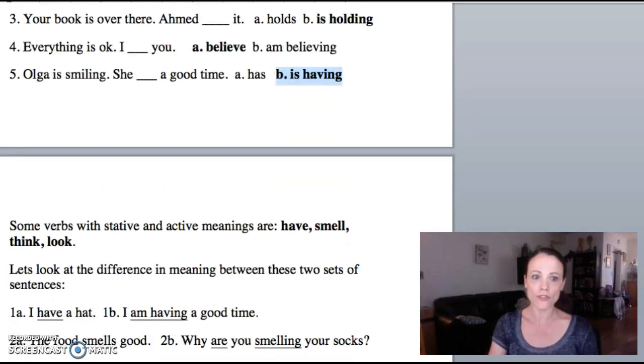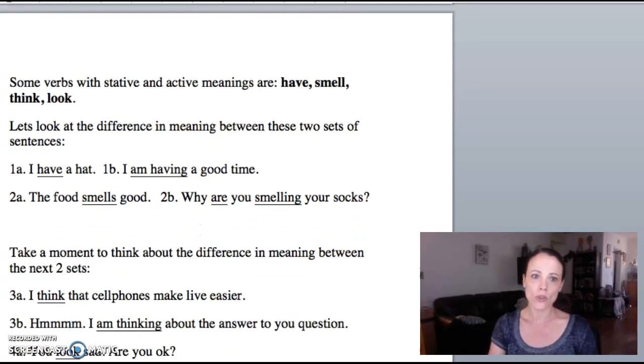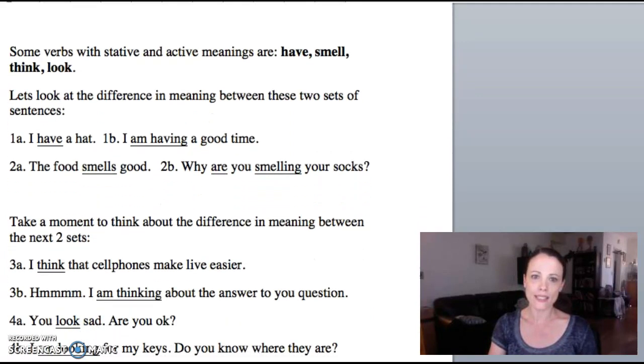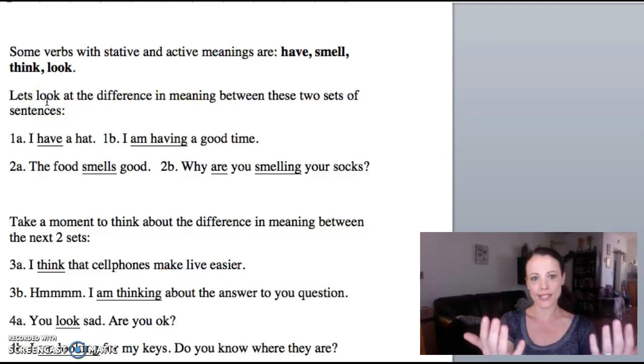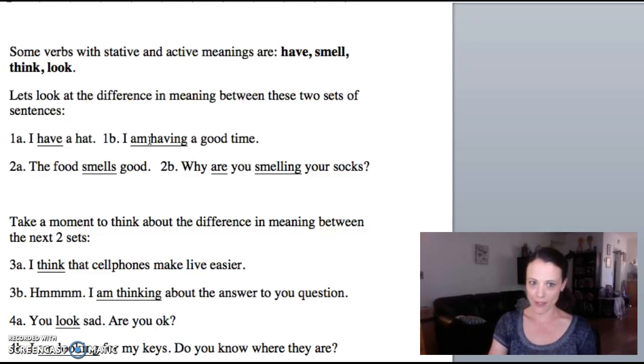So we're going to look at a few verbs here together. We're going to look at have, smell, think, and look. All right? So we're going to look at 2 sets of sentences and think about what's the meaning in each. So in 1A, we have I have a hat, and in 1B, I am having a good time. We just talked about that one, right?